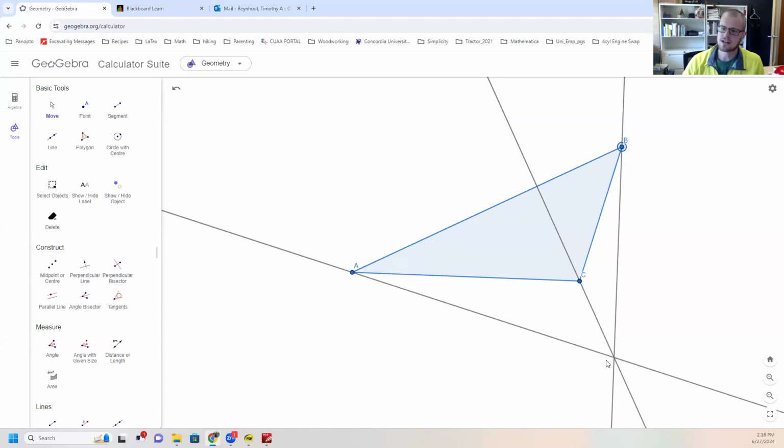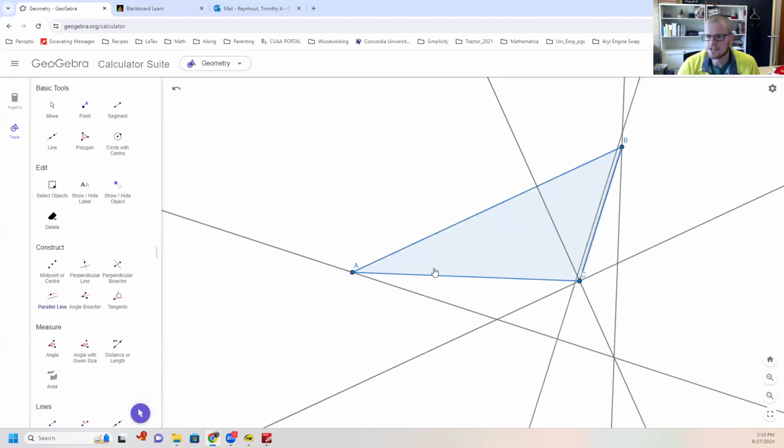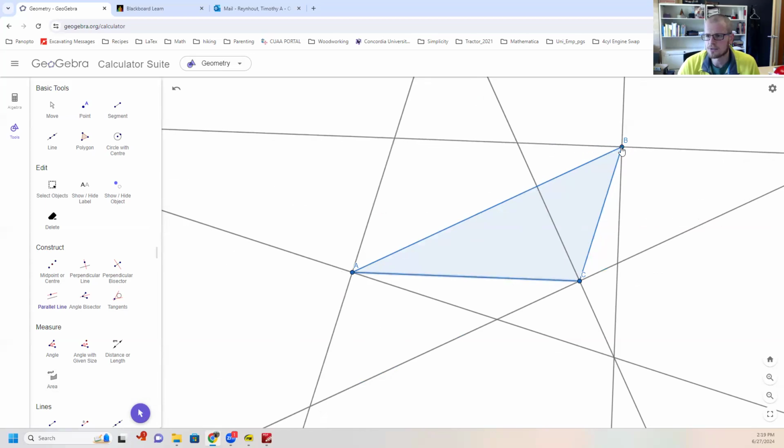I'm going to do that through the construction of several lines, creating a new triangle. I'm going to do that by constructing the parallels of each line through the opposite angle. So I want a line parallel to this through here, a line parallel to this through here, and a line parallel to this through here.